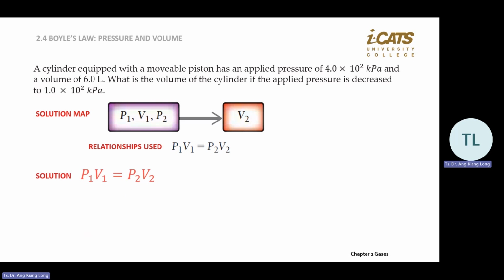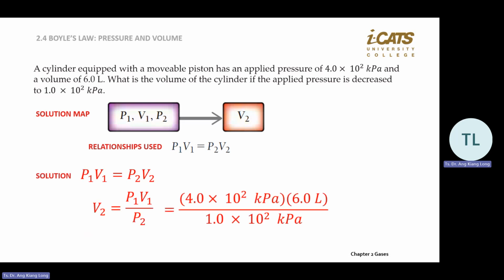So if you do the substitution, it will be 24 liter. Okay, you cancel the 10 power 2 also, so directly multiply 6. Be careful on the unit. Sometimes I will trick you by removing the K. I'll just give you Pascal.